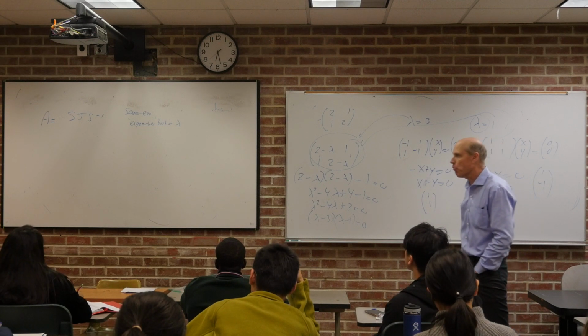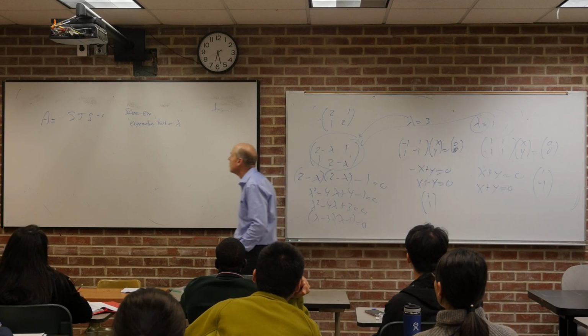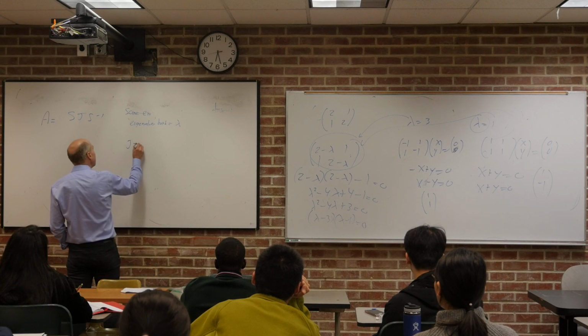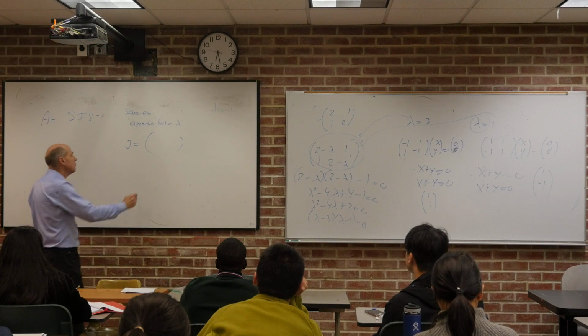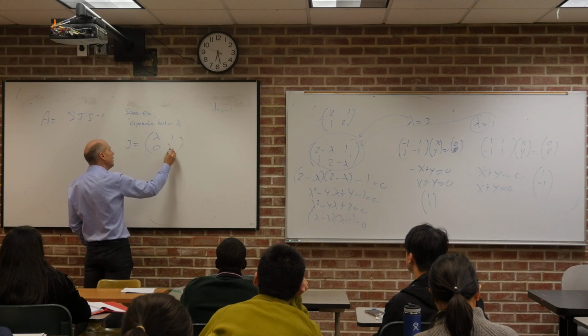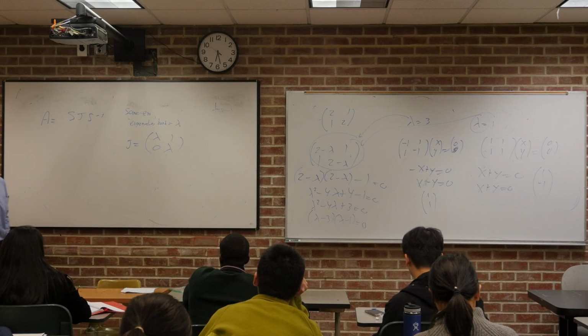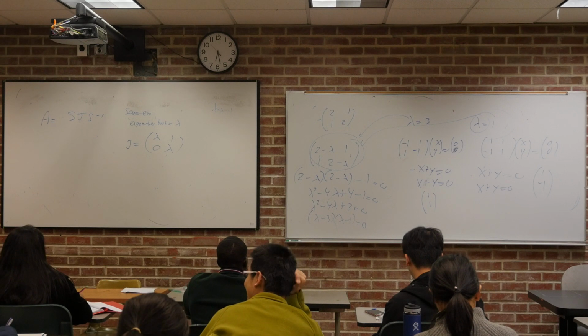And we got the same number twice, just like the previous one. What's the J matrix going to look like? Lambda, 1, lambda. So Jordan showed us that's the closest we can get to a diagonal matrix and still have this work out.